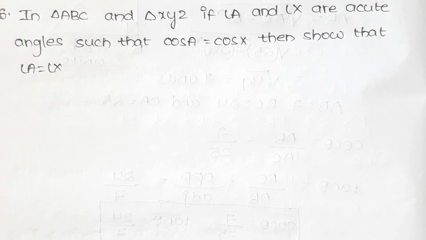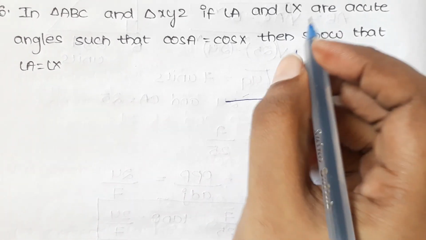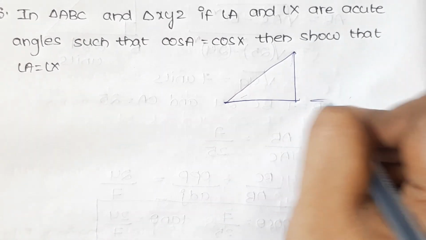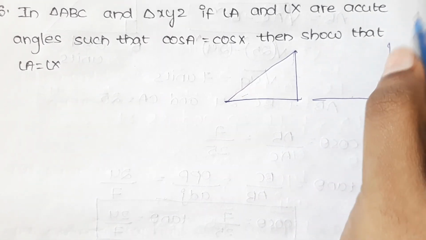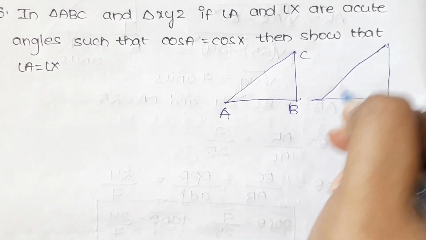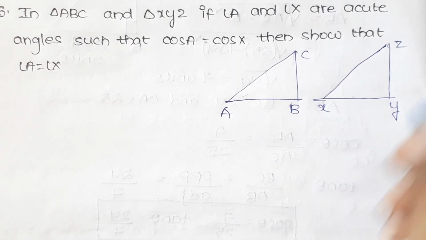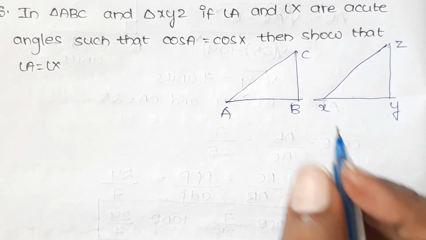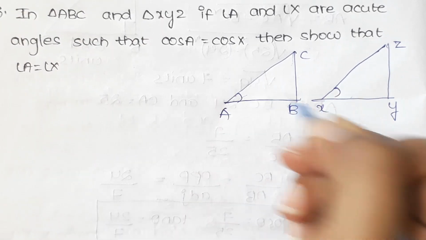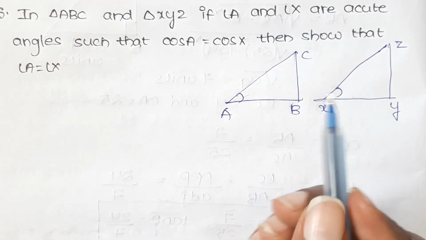Here we have two triangles. Let us draw them, that is ABC and XYZ. Here are the angles, and here given that angle A and angle X are acute angles.